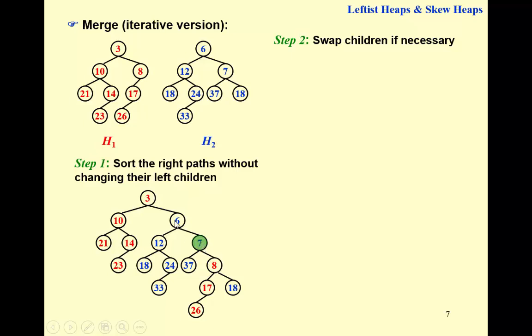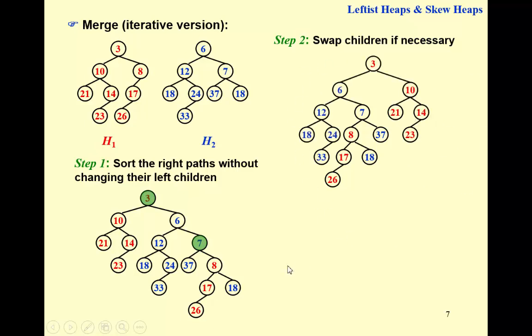And if we check 6, although it looks like this is heavier, but actually the null path length is not very long in its right subtree, so this one is fine, but the root is not fine, and therefore we must make 2 swaps. First, swap the left and right children of 7, and finally swap 10 with 6 and obtain the final result like this.